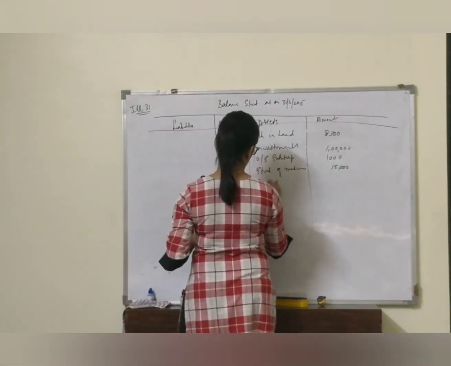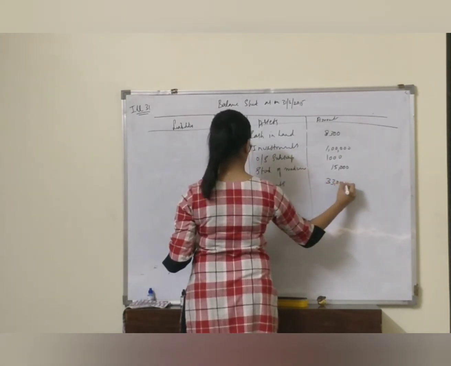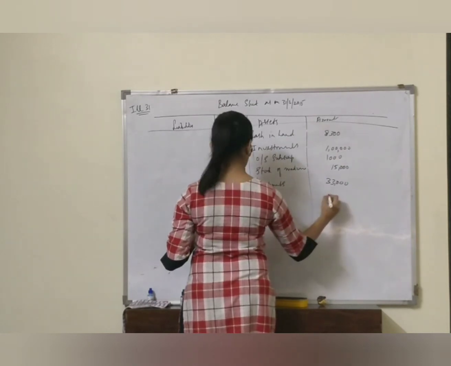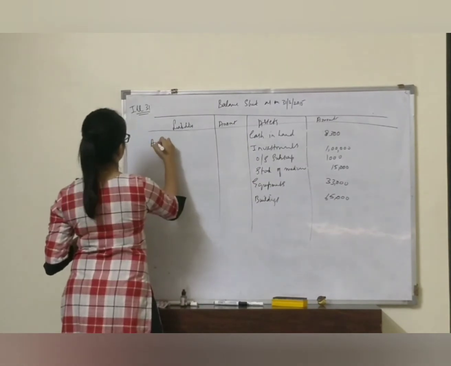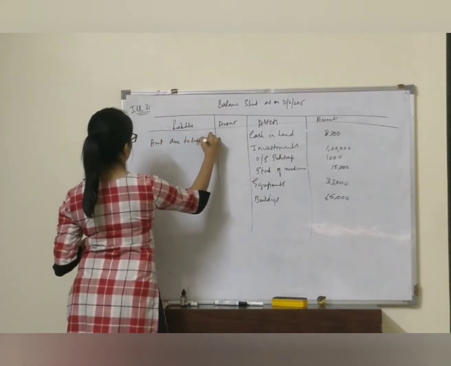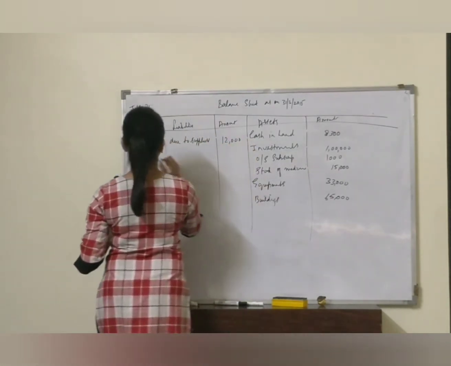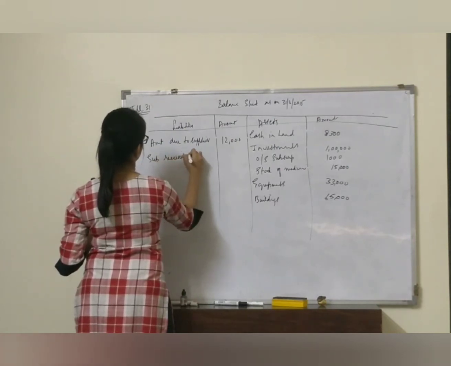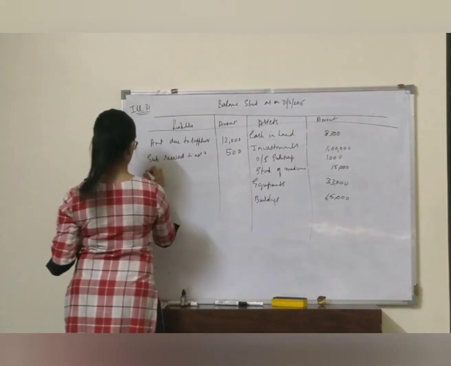Then we have equipments, 33,000. Buildings, 65,000. On the liability side, we have amount due to medicine suppliers, 12,000. Subscription received in advance, 500.